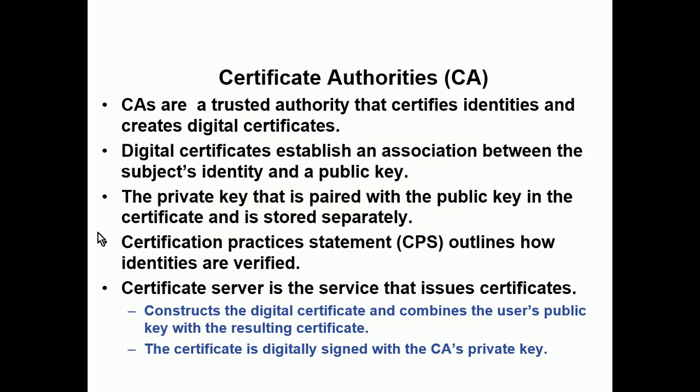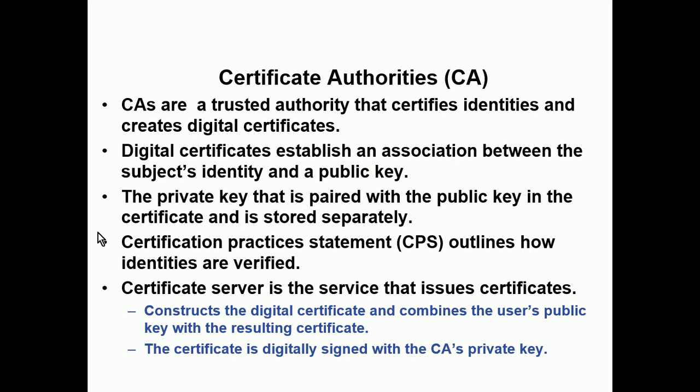The DMV of internet technology, I should say, is going to be certificate authorities, or CAs. A CA is a trusted authority that certifies identities and creates these digital certificates that I'm talking about. They establish an association between the subject's identity and their public key.